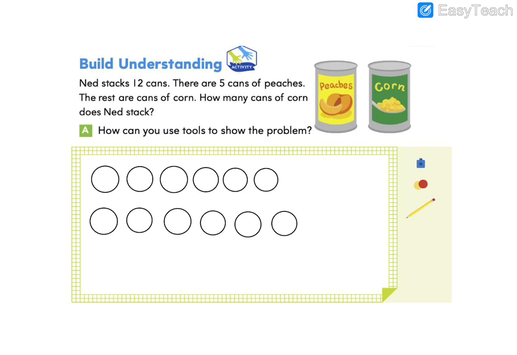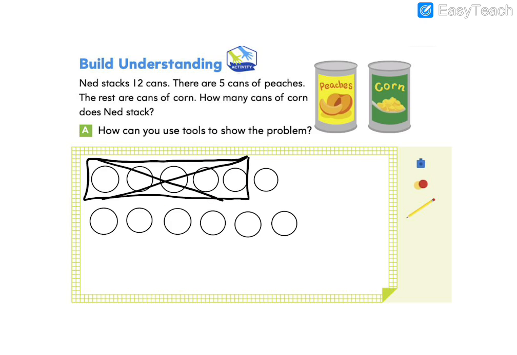So I can cross off my 5 cans of peaches. I'm going to cross them off in a group. 1, 2, 3, 4, 5. So this group of 5 cans is peaches. Now I can find how many cans of corn Ned will stack.